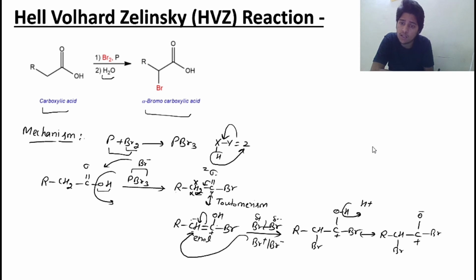Now this O minus will donate electrons to the carbon so that the carbon is neutralized, because everything wants to be neutral in nature. So we form RCH with bromine, and the carbon now neutralized with a double bond, and bromine.